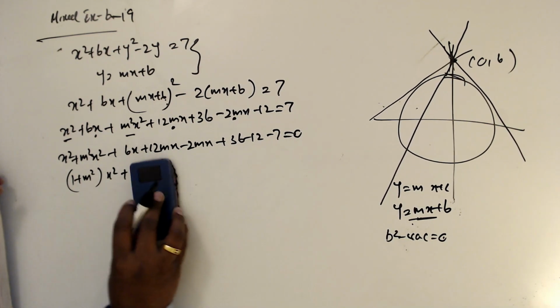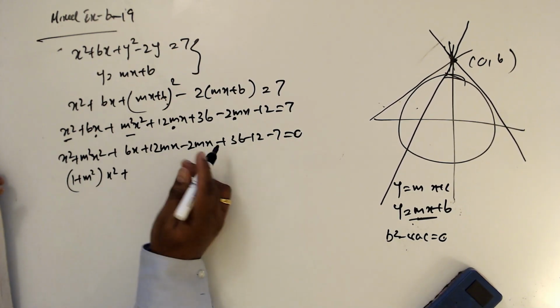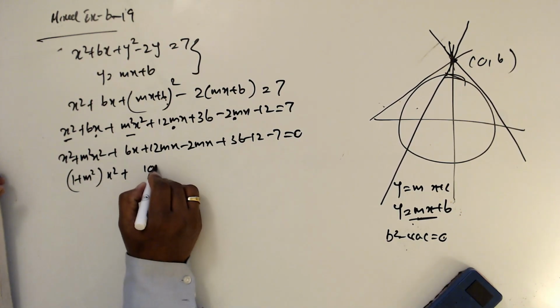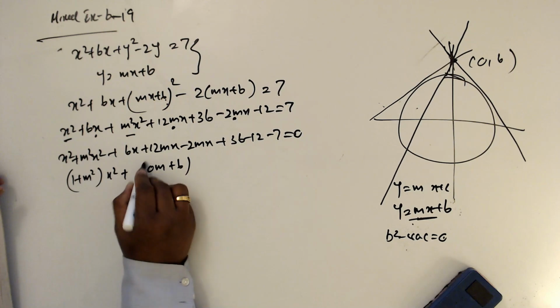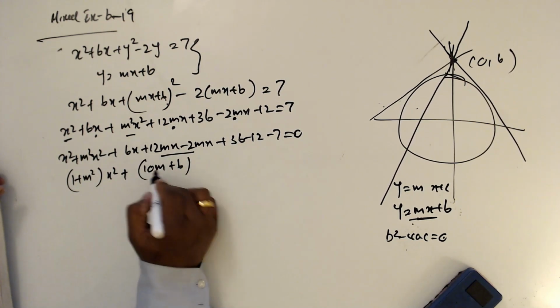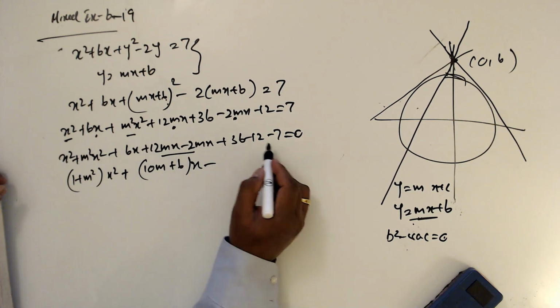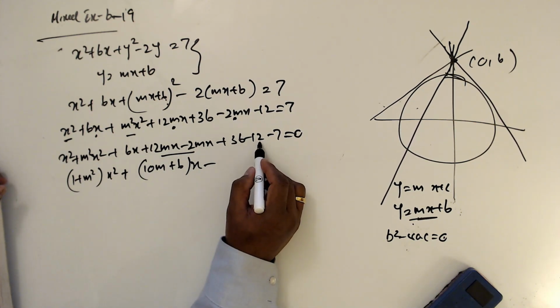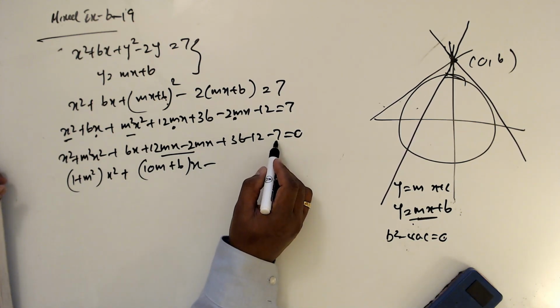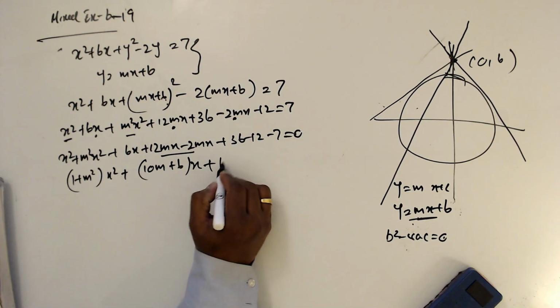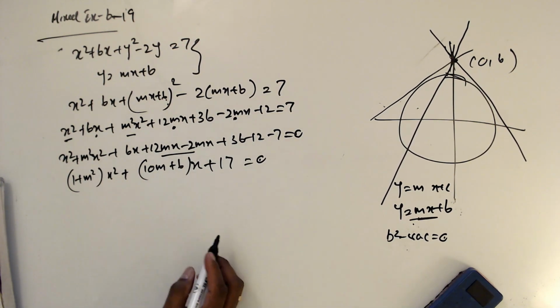Sorry, this is going to be 12m minus 2m, 10m plus 6, 12 minus 2, 10m plus 6 x. This is going to be 36 minus 12, 24, 24 minus 7, 17, equals 0.